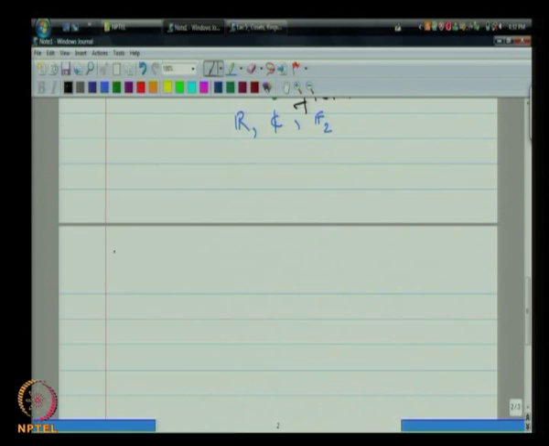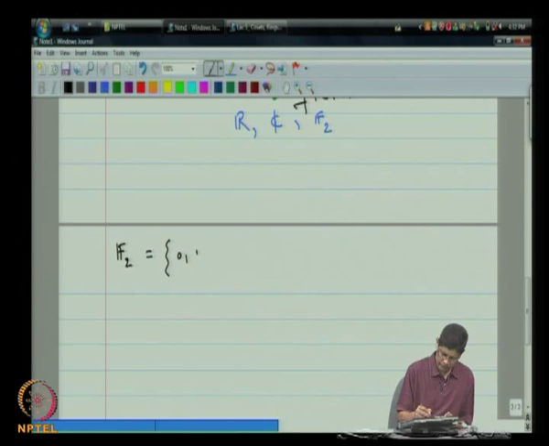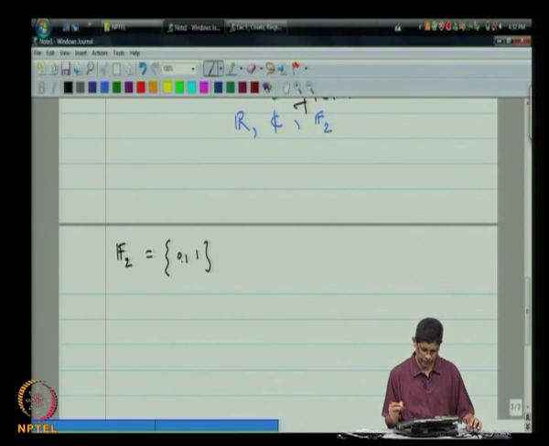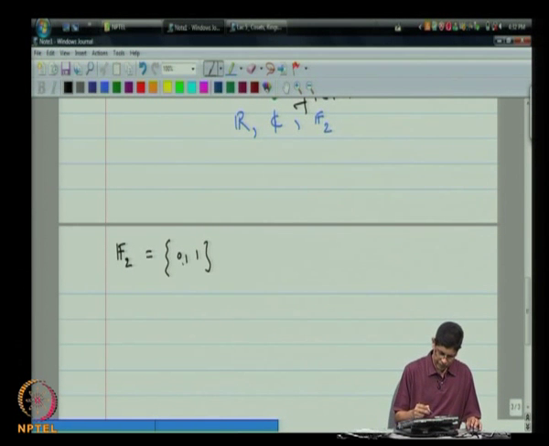So here F2 is just the set {0, 1}, but you could also look at it as a field.